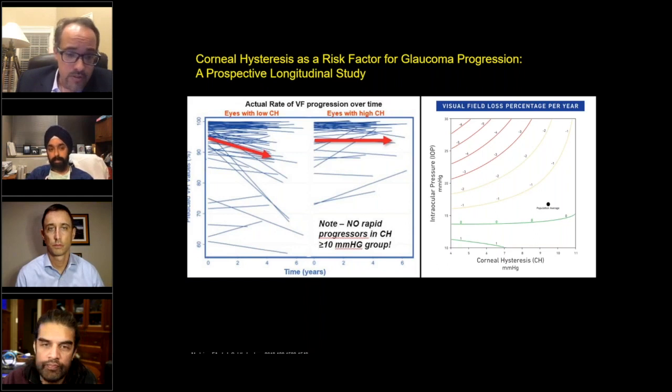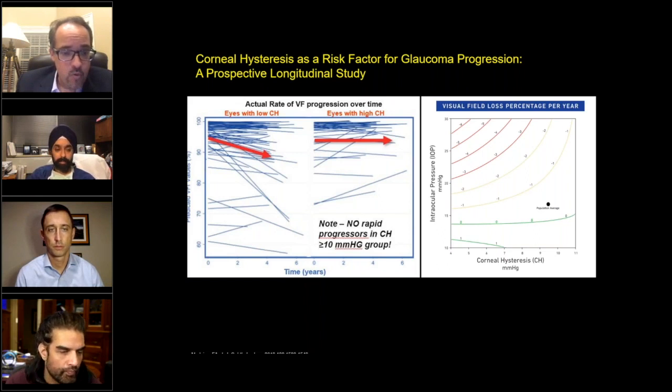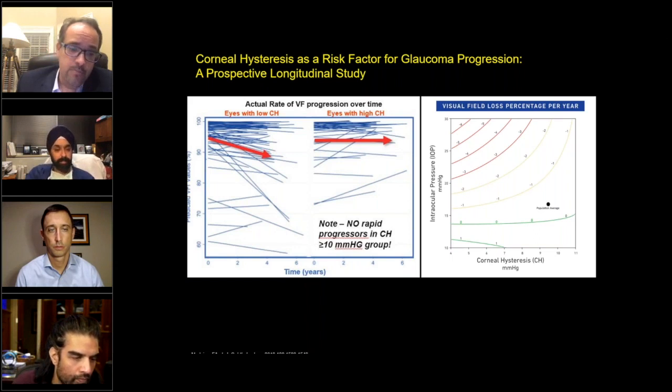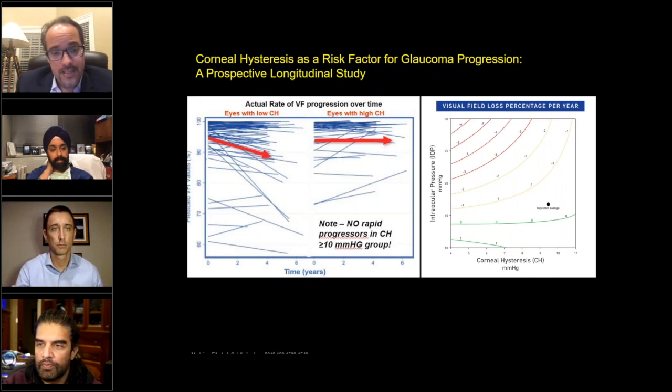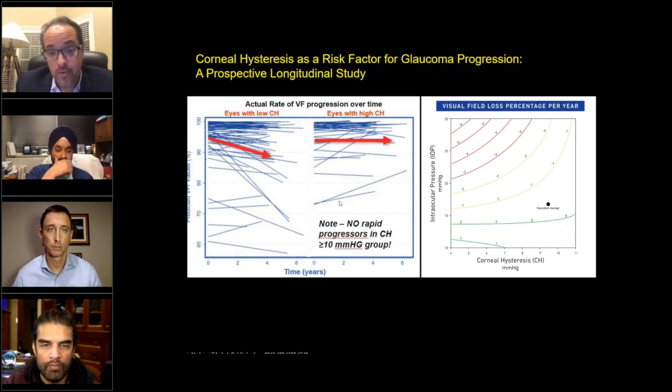What you see on the plots on your left are the slopes of visual field loss. The eyes are divided into eyes with low corneal hysteresis, below average, and eyes with high corneal hysteresis, above average. You see lots of eyes in the low corneal hysteresis group that were progressing, some progressing quite fast, but you don't really see many slopes going down in the eyes with high corneal hysteresis. So there were essentially no rapid progressors in this group.